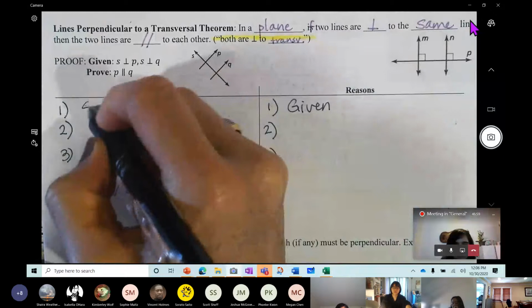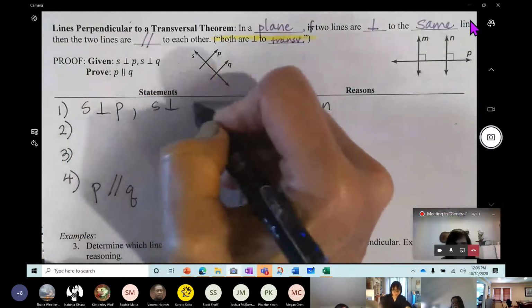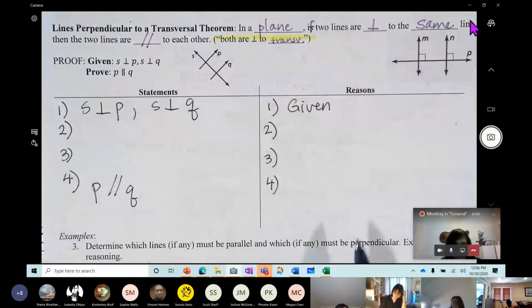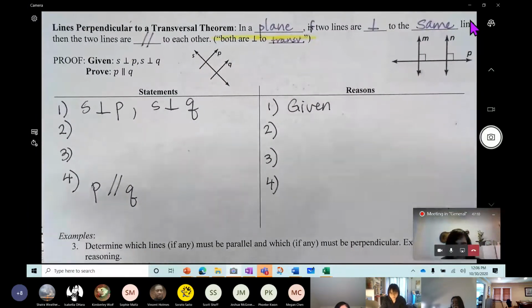You can start. And S is, so we have 2 perpendiculars, we have given, we're going to get to here, and then I'm going to leave that blank for now because we only have another minute or 2, and then we'll do number 3 on Monday. Okay.